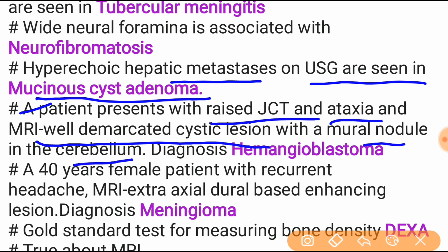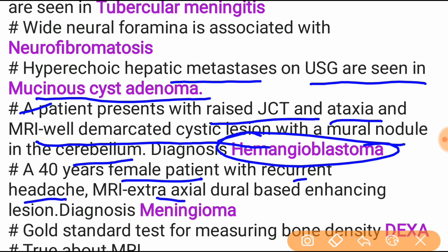The diagnosis is hemangioblastoma. A 40-year-old female patient with recurrent headache, MRI showing extra-axial dural based enhancing lesion, diagnosis is meningioma.